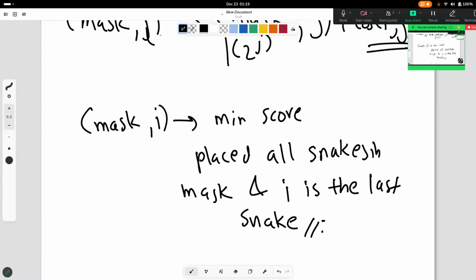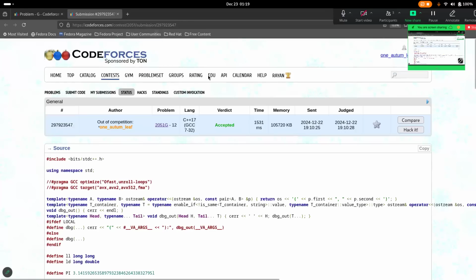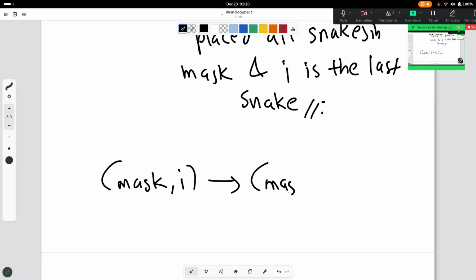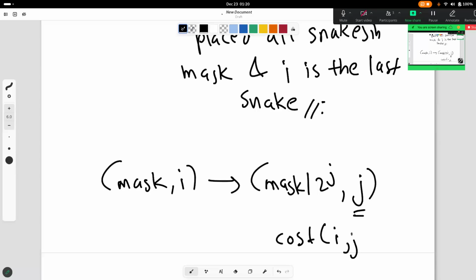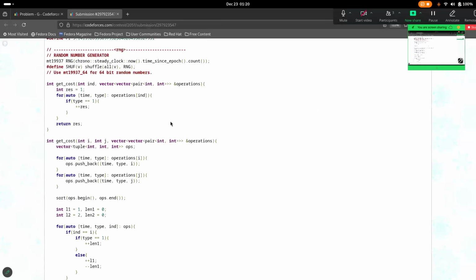So that's the core idea of the dynamic programming. That's the DP state, and the transition looks something like this: you are at mask, I was the last snake, and then you go to mask OR 2 raised to power J, and the new ending snake is J. You can calculate the cost of going from I to J with the above formula, like the ones we derived for the snake case.